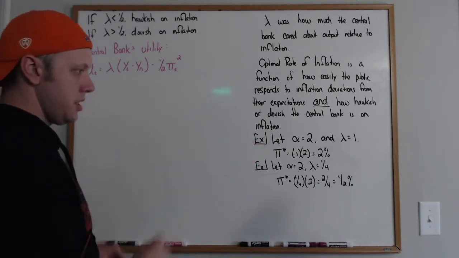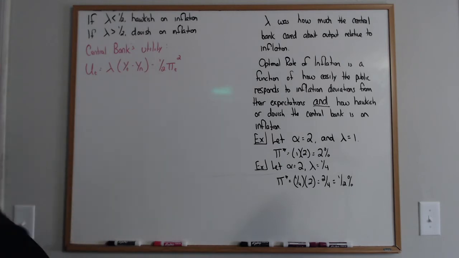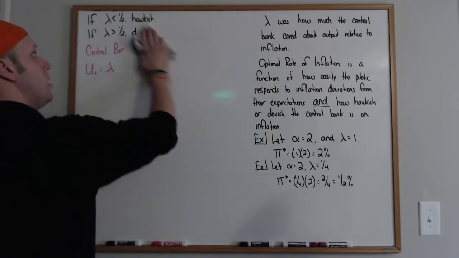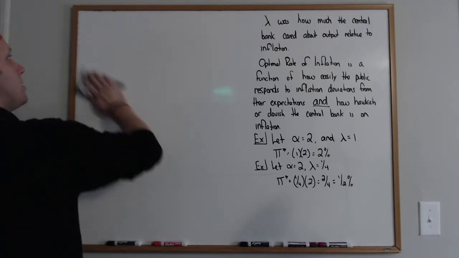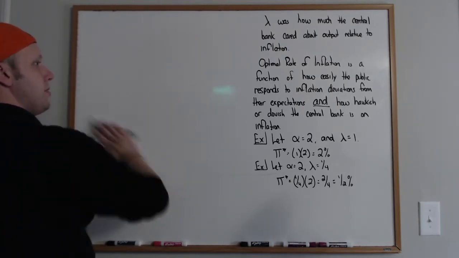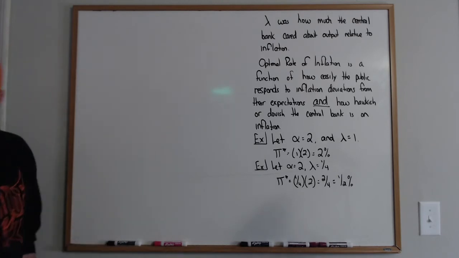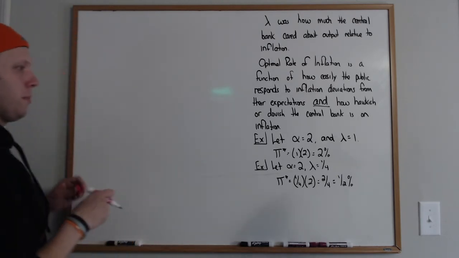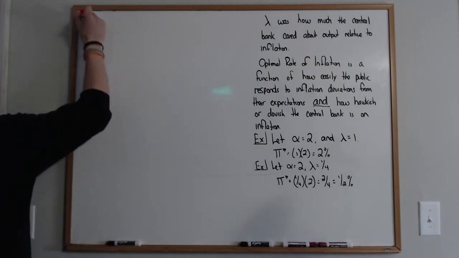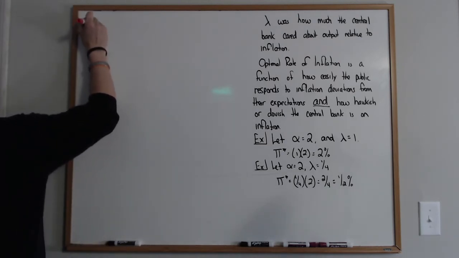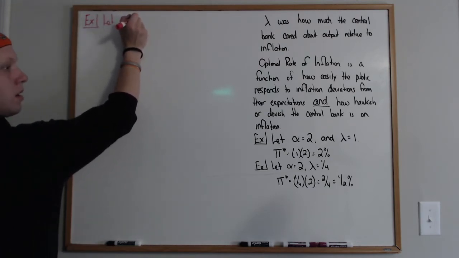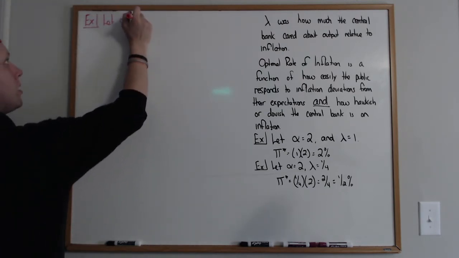So instead of changing lambda here, let's instead change alpha. Because remember, alpha was how responsive the public was to deviations in inflation from what their previous expectations were. Alpha was 2 before.